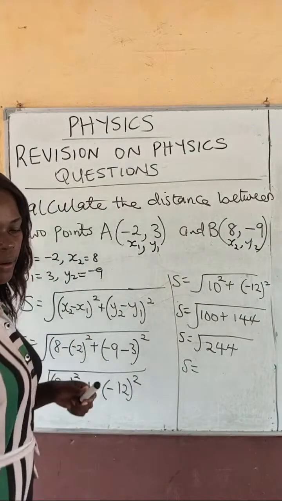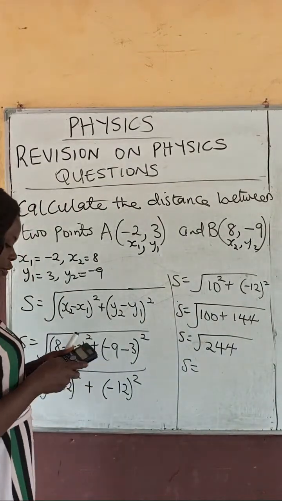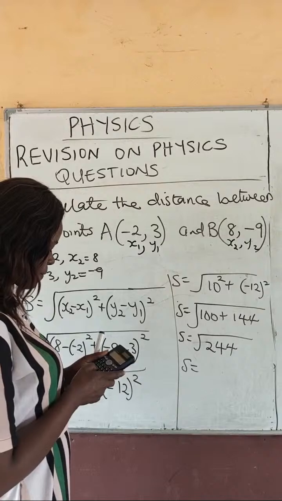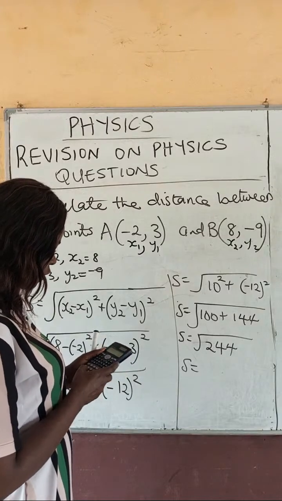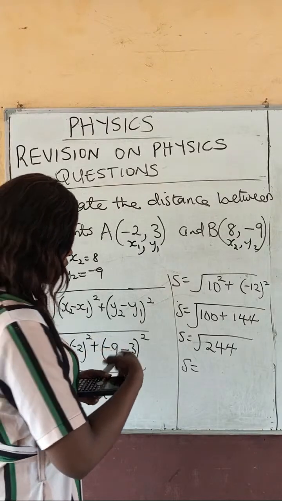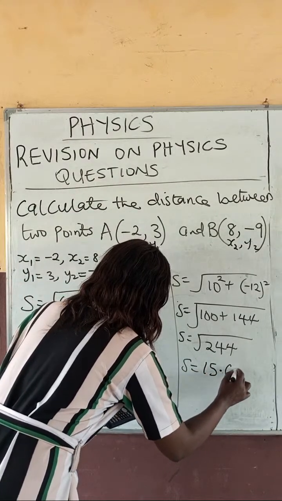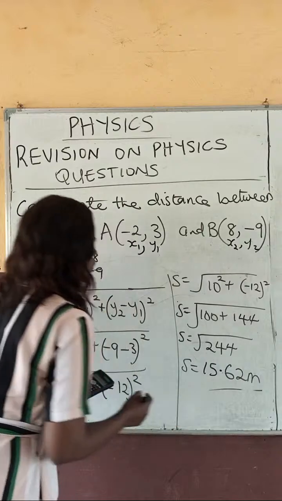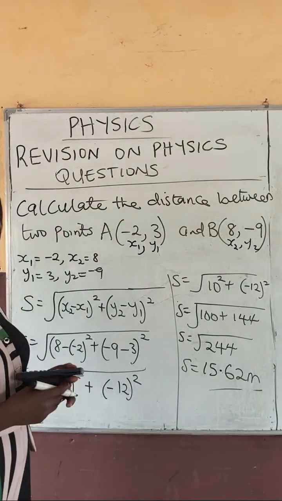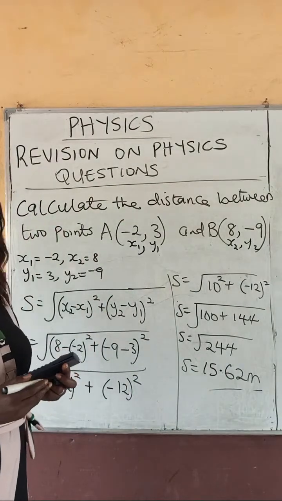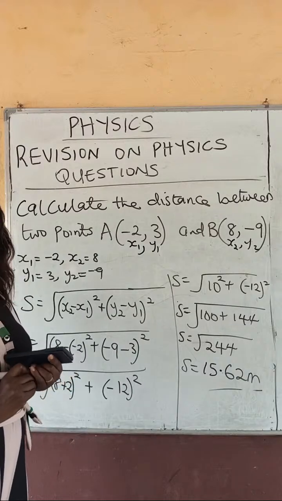With the help of our calculator, we find the root of 244, and my answer becomes 15.62 meters. Now we all are correct. Our answer is 15.62 meters. Is that okay?